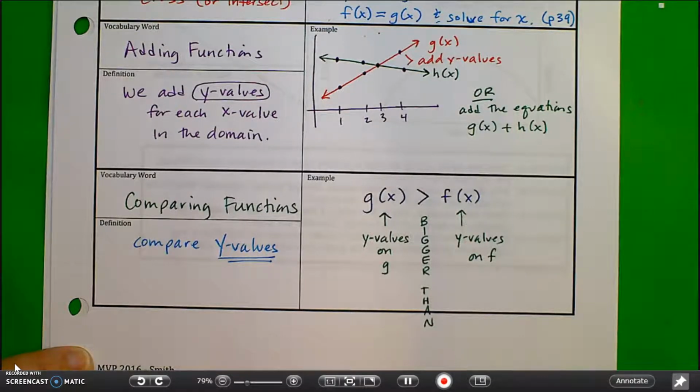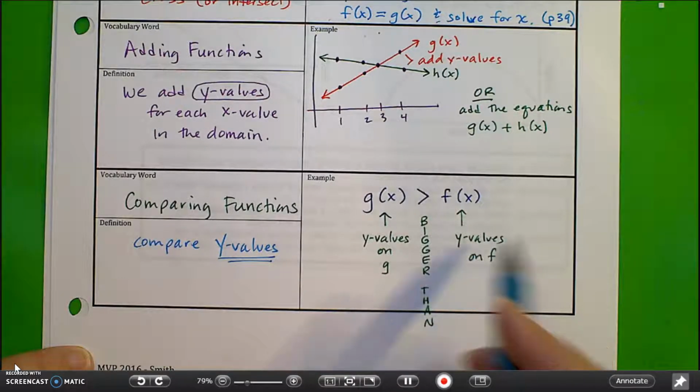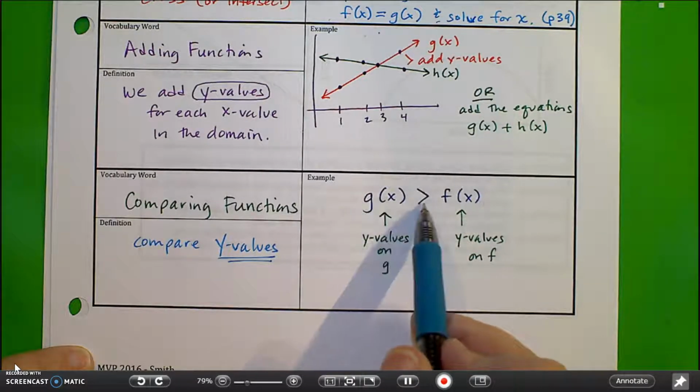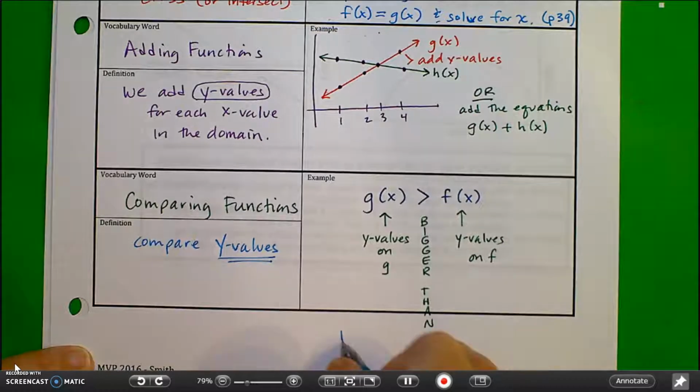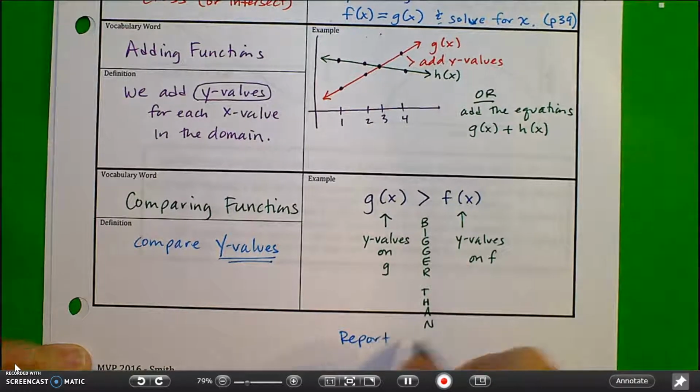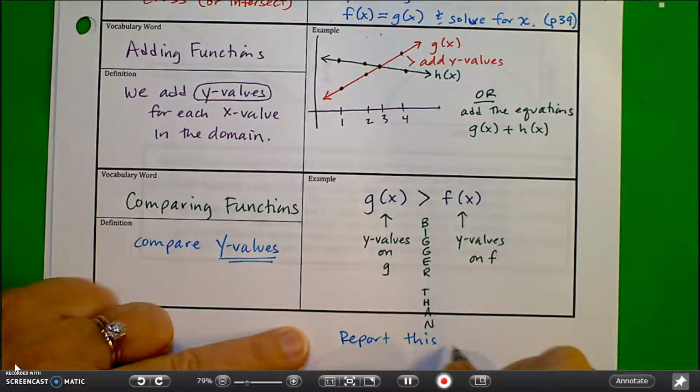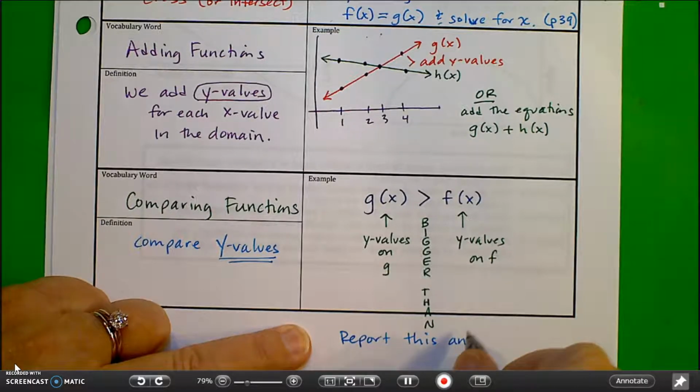And everywhere that the y values on g are bigger than the y values on f is where g of x is greater than f of x. And you would report this as an interval of x values.